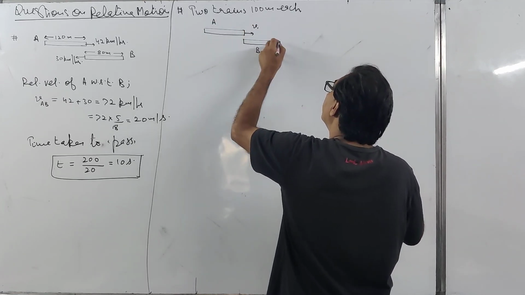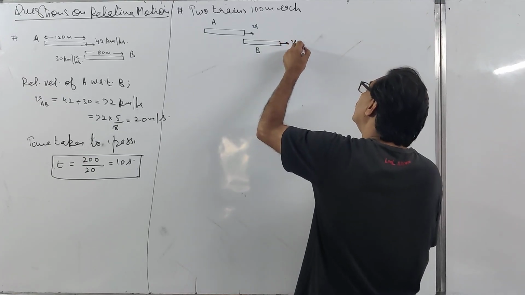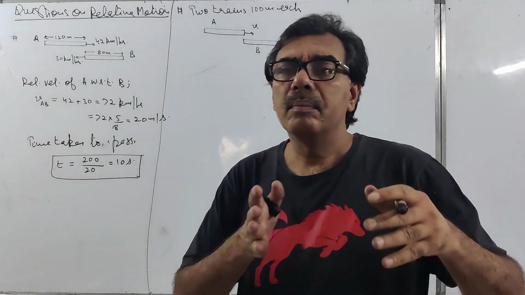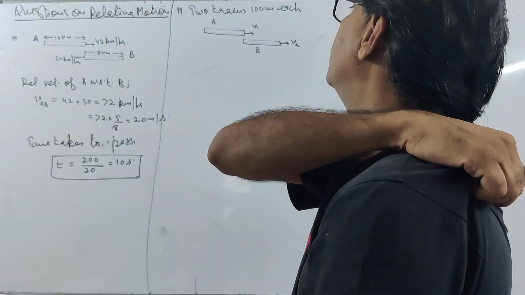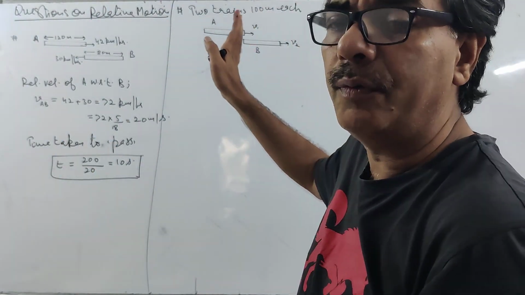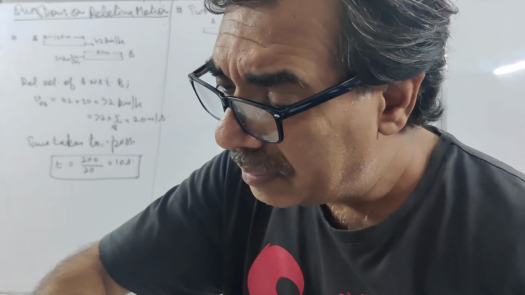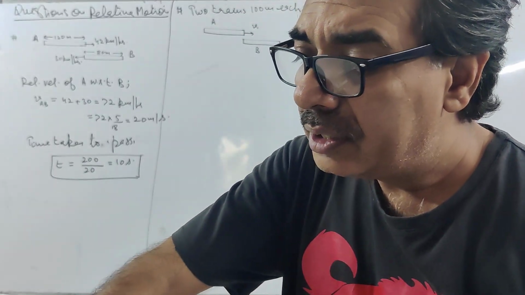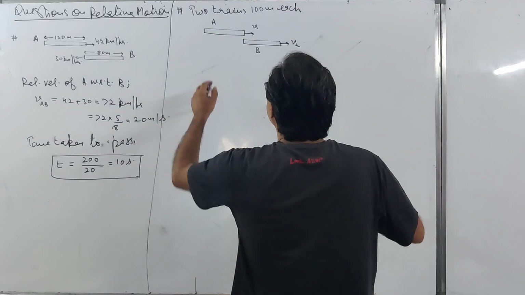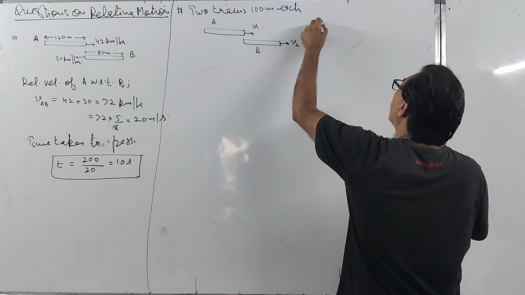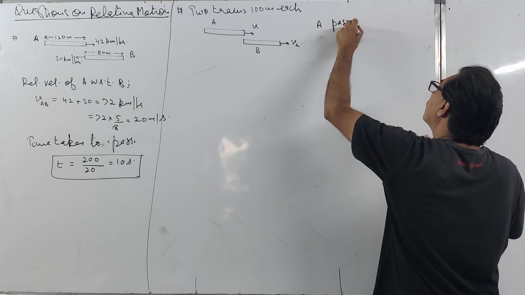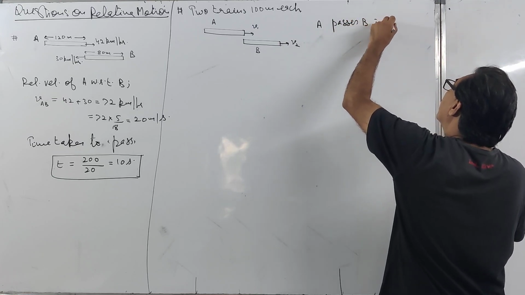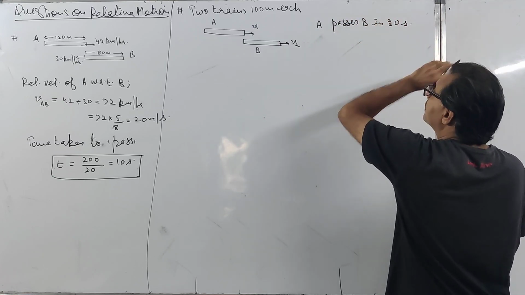This one's speed is v1, this one's speed is v2. If A will overtake B, if A will pass B, it means the speed of A is more than that of B. It is given that A passes B in 20 seconds.